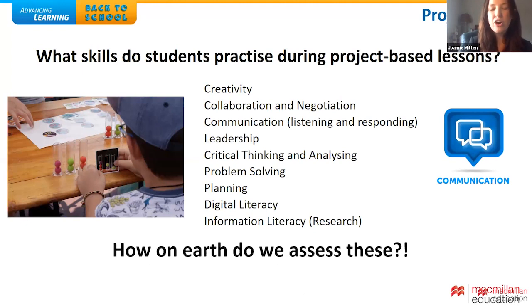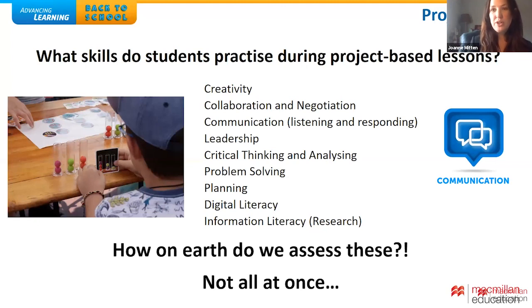But how on earth do you assess all of these things? And this isn't even a complete list. We know that there are many, many skills that students use. One of the first things that you can bear in mind is not all at once. You don't need to assess all these skills over one project.